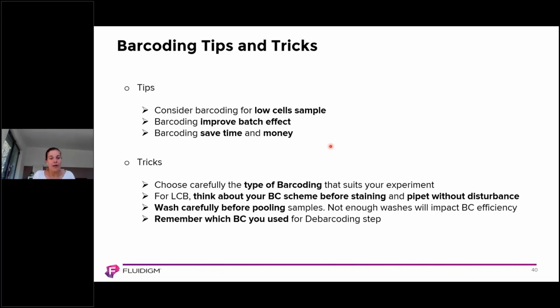One really important thing for the efficiency of your barcoding is to wash well just before pooling your samples. You have to do a good wash to avoid unspecific staining of your barcode afterward. And always remember which barcode you used, and provide this information to your core facility for the debarcoding step.